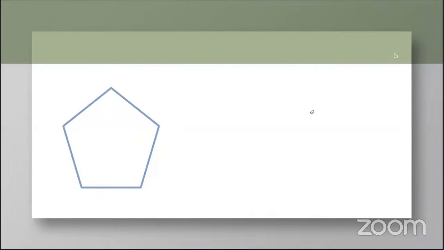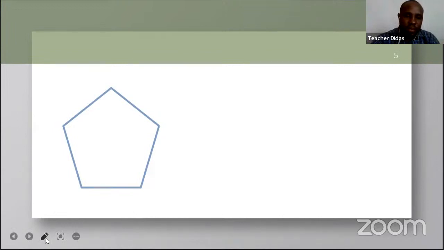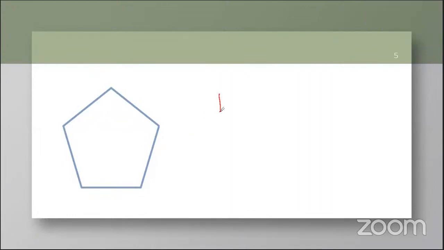Teacher, it's a pentagon. Can you spell the word pentagon? P E N T A G O N. Oh, we are lost. Let me write it as you are spelling it here. Let me pick my pen here. Pentagon.